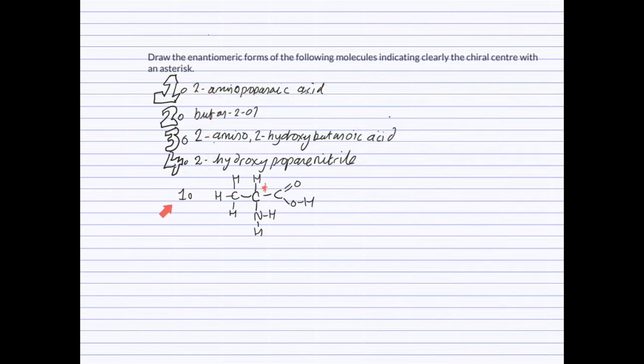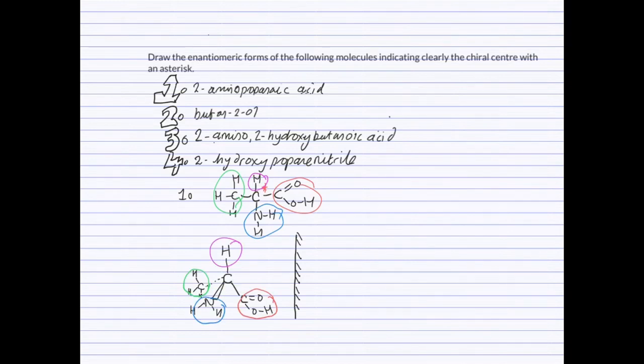So the first thing is we draw out the full displayed structure, and we can identify the chiral centre here because this is attached to 1, 2, 3, 4 different groups. So again, we identify the 4 different groups, and then we start to draw the structure.